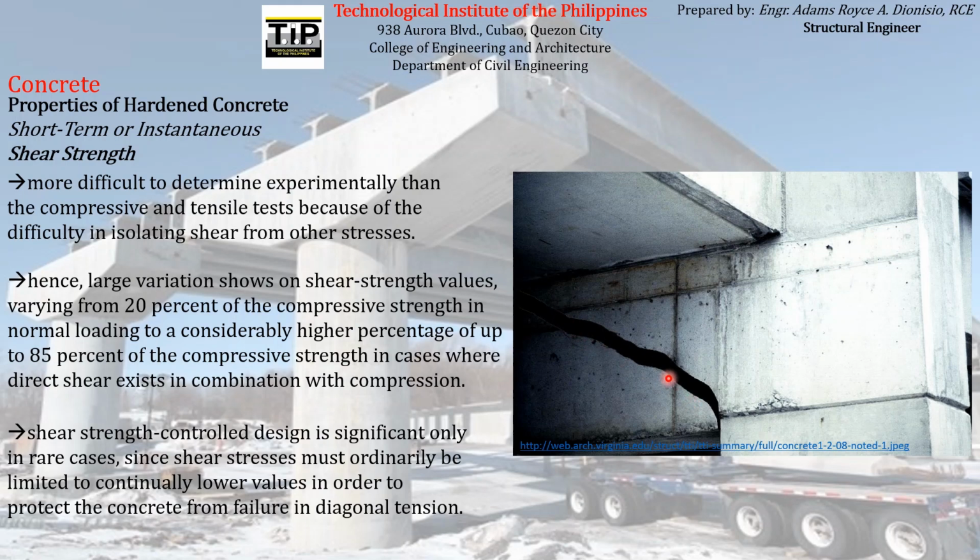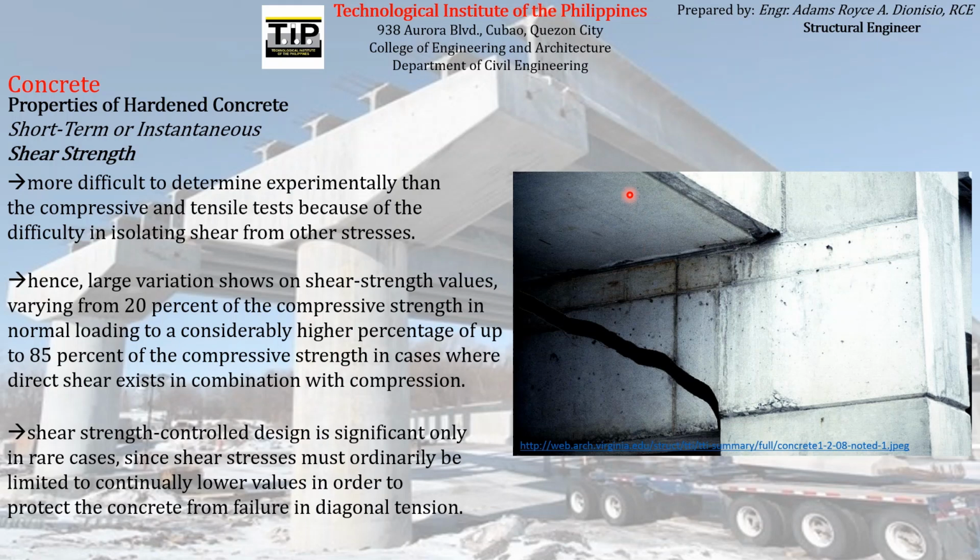You can see shear failure like this one, diagonal tension, usually occurs at supports like this one. In this case, we have a concrete beam supported by a concrete column, and the shear failure usually occurs near the support. So why does the shear failure usually occur at the supports?